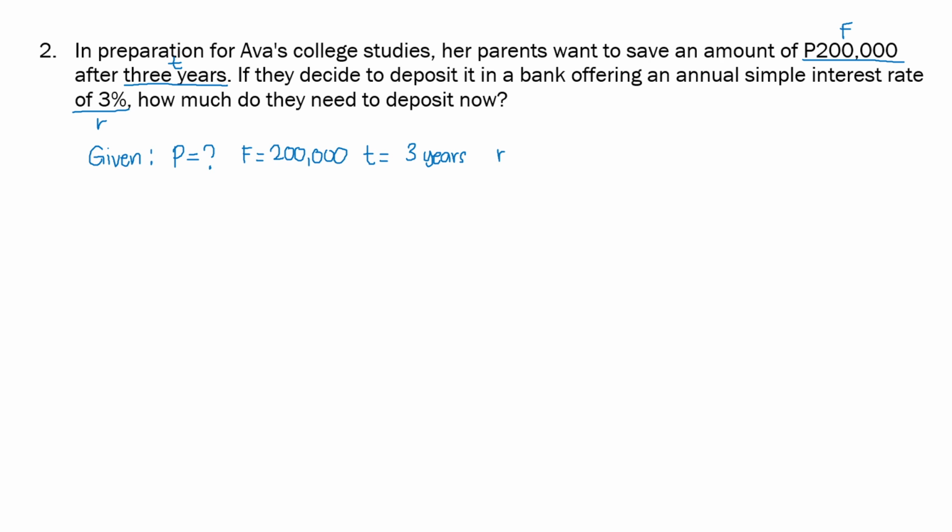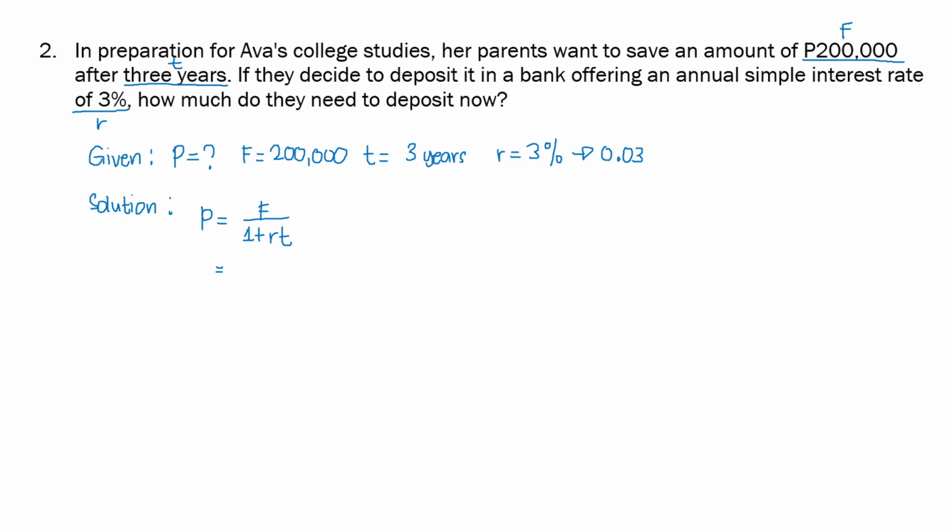And the rate or simple interest rate is 3%. Change it to decimal form, it will be 0.03. The solution formula is P is equals to final value divided by 1 plus rate times time.